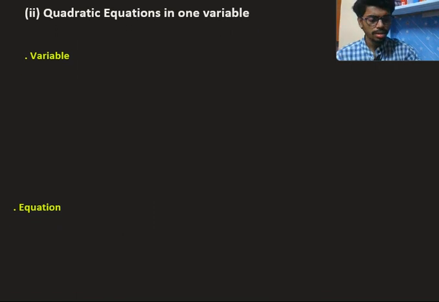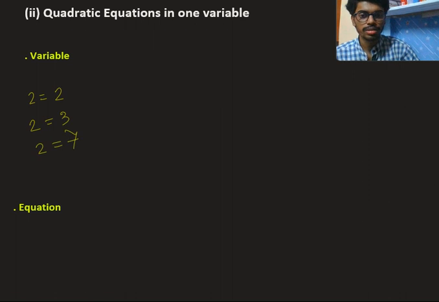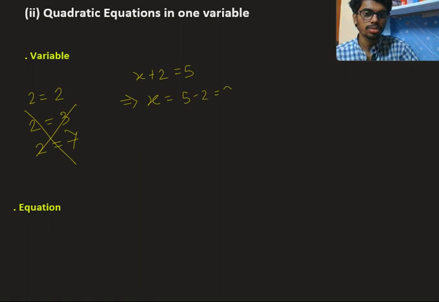So let me first explain what a variable is. You can write 2 is equal to 2, you cannot write 2 is equal to 3, or 2 is equal to 7. But if x plus 2 is equal to 5, then you will get the value of x as 5 minus 2, that is equal to 3.